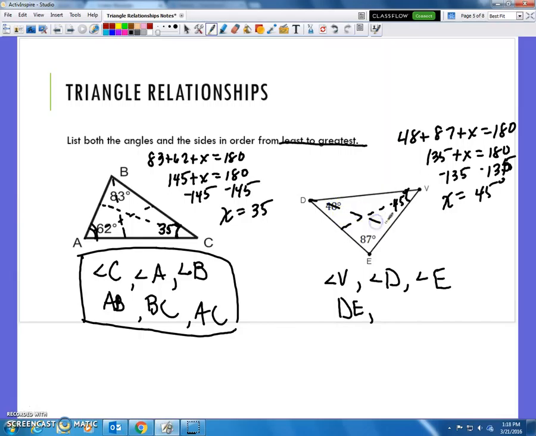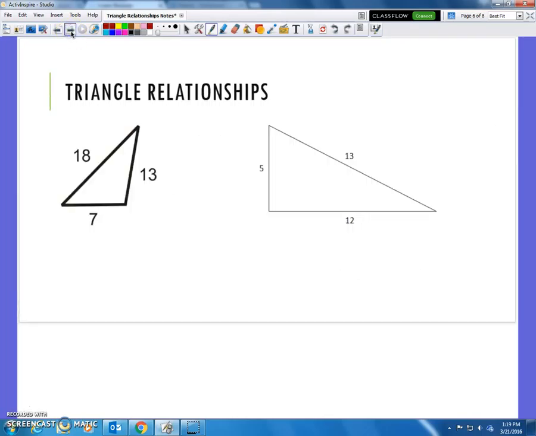Opposite of D is VE. And opposite of E is DV. Okay, so we just got to label them and put them in order, from least to greatest, depending on the angles. And we can do that the opposite way as well with the sides.